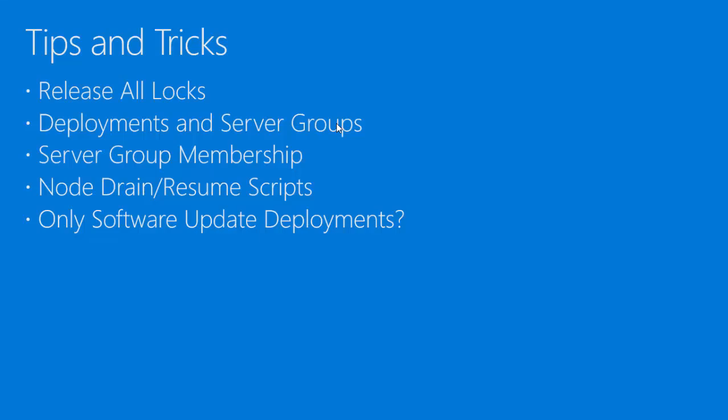Also, only software update deployments? Absolutely true, but within the software update deployment set, you can also do Office 365 and other things, Windows 10 deployment, and so on, right? So anything that uses the software updates channel, which would also include custom updates through Skype, right? You can use it that way as well.